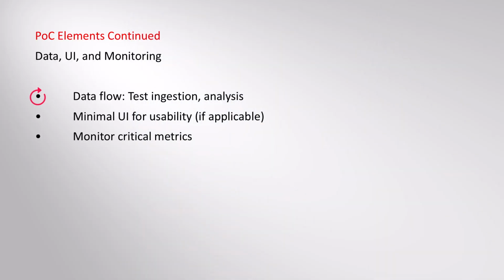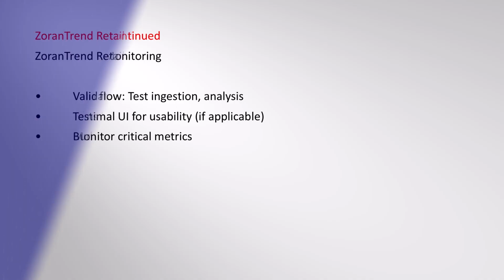For data-intensive projects, demonstrate how data ingestion, transformation, or analysis functions in the cloud without addressing the entire data lifecycle. User experience, if applicable. For projects with a user interface, a minimal UI is sufficient to showcase usability or functionality. Monitoring and logging. Monitor critical components to collect essential performance and health metrics.